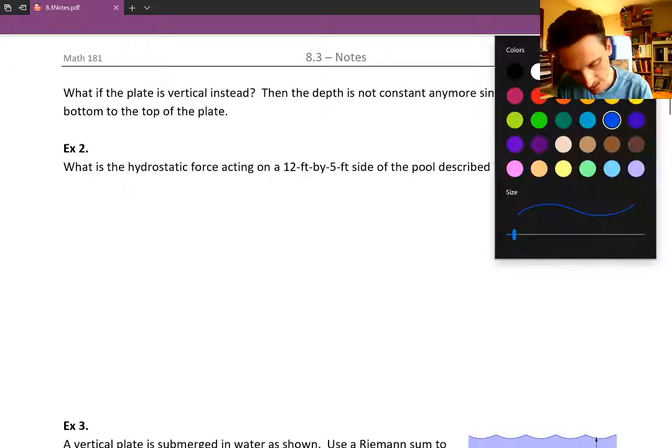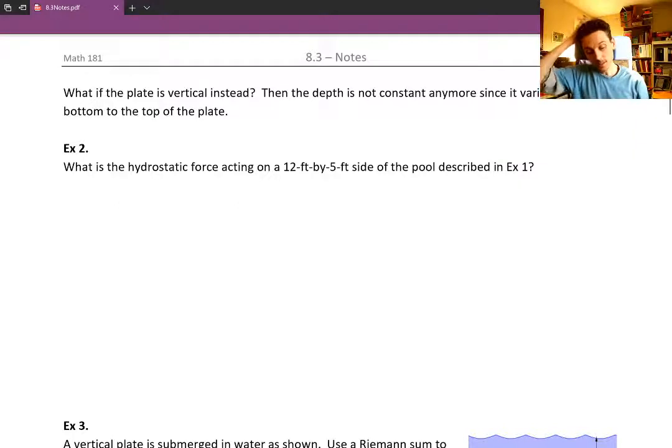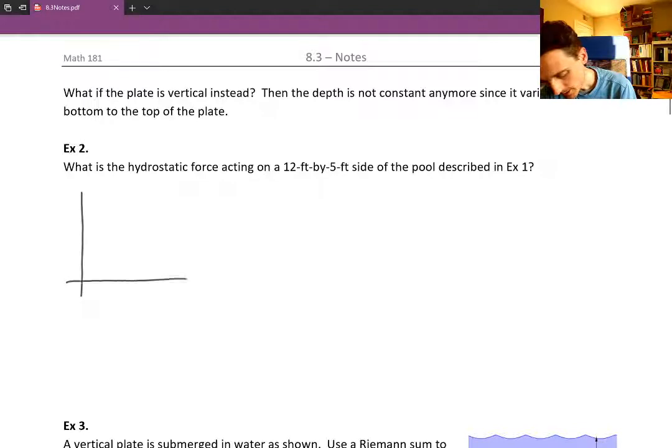Let's draw a picture of example 2, which says what is the hydrostatic force acting on a 12-foot by 5-foot side of the pool described in example 1. We won't draw the 3D image of it again. We're going to take that side of the pool and put it in a 2D setting in an XY coordinate system.